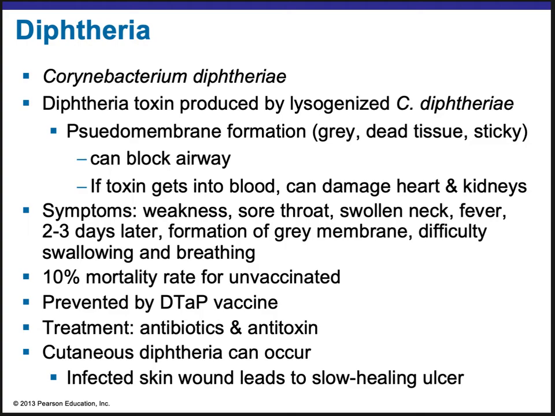For scarlet fever, recall it made a toxin that caused a hypersensitivity reaction, caused all that redness, all the rash, right? For diphtheria, the toxin is different. So you're colonizing the throat, and the toxin is going to damage and kill the tissue there, and it can completely block off the airway.